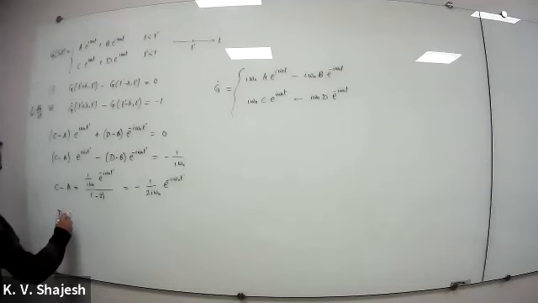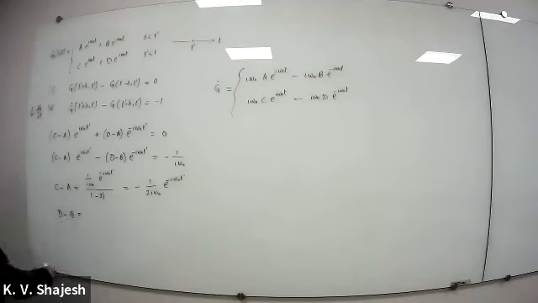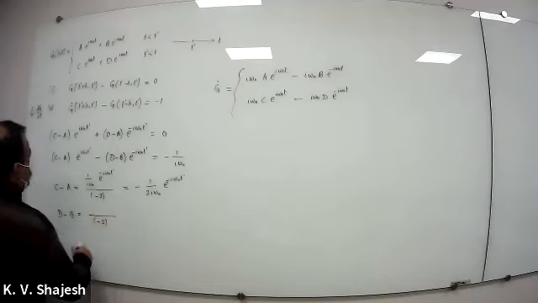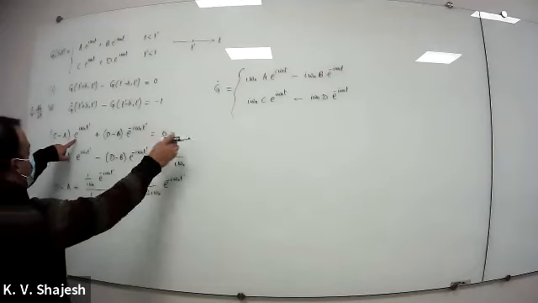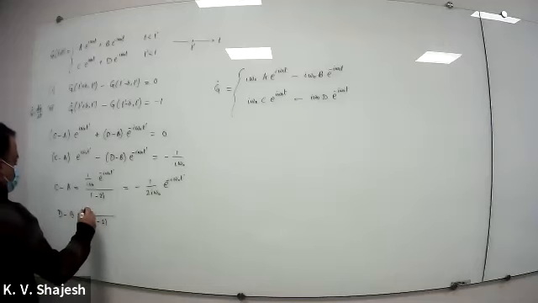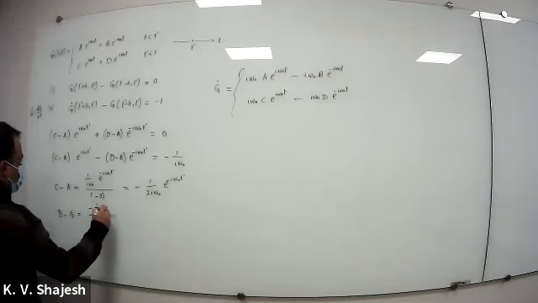The next term is d minus b. Again the denominator stays the same, so it's minus 2. And the numerator is this times this, correct? So it is minus i omega naught times e raised to i omega naught t prime.